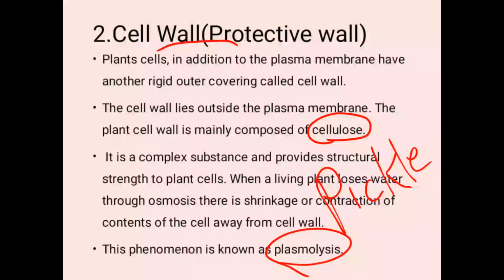So the loss of water from each and every cell of that plant substance is called plasmolysis. At last the cell will be shrunken, otherwise ruptured, because of the burst of that cell wall only. That is called plasmolysis.